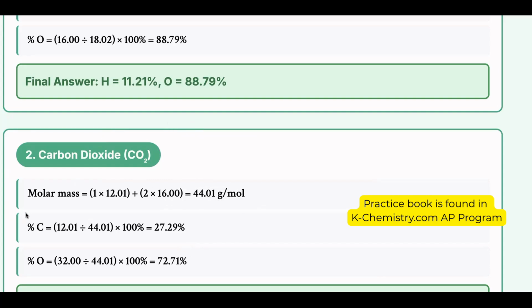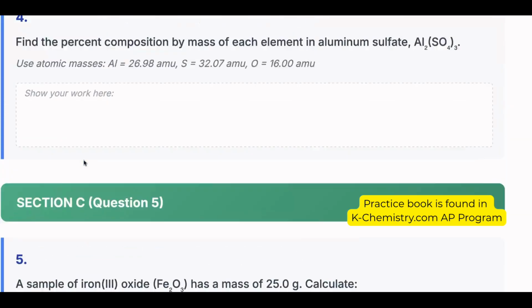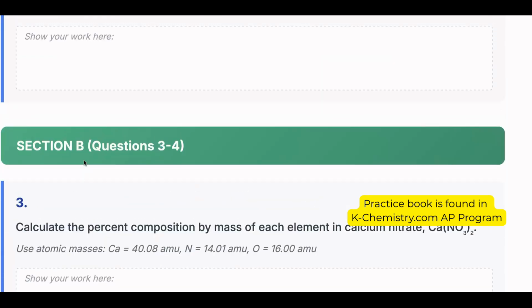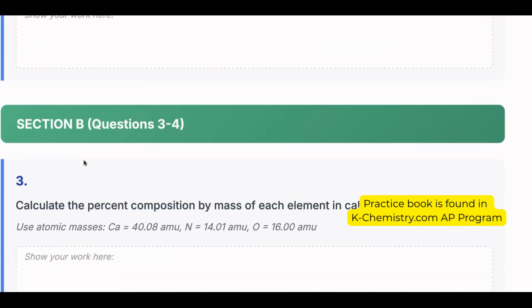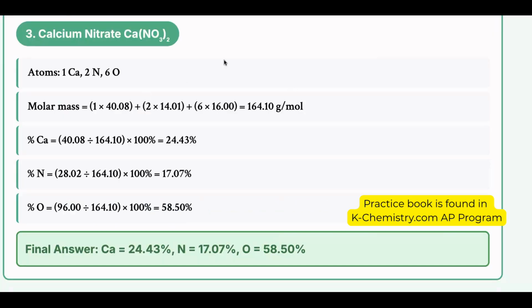The third example is exactly the same thing. Find the percentage composition by mass of each element in calcium nitrate, and that will be easy if you know how to do the addition of all the atoms together. See video 1 if you are missing any point here. Calcium nitrate is made from 1 atom of calcium divided by the total mass, which is 164, and nitrogen is made from 2 atoms of nitrogen.